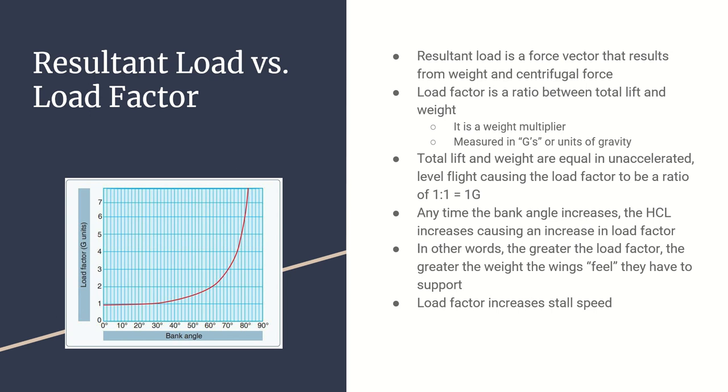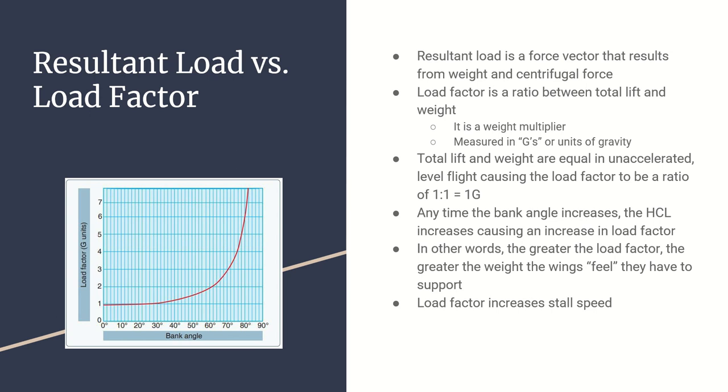Whatever the weight is times 1, so 2,000 times 1, is just 1 G. But if we subject that 2,000 pound aircraft to 1.5 Gs, which we get when we have 1.5 times the total lift as we have of weight, a ratio of 1.5 to 1, that 2,000 pounds is now multiplied by 1.5. So it feels to the airplane like it has to support 3,000 pounds.